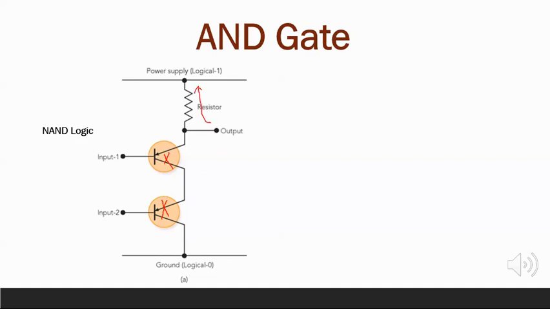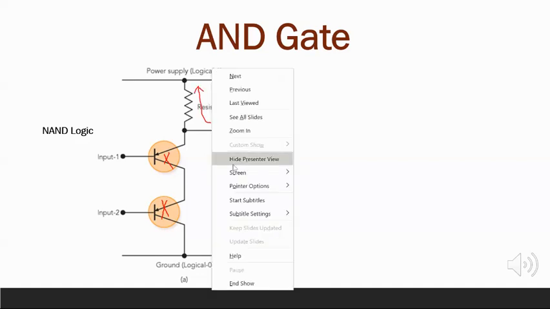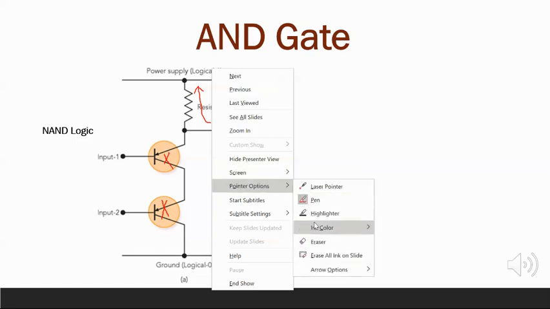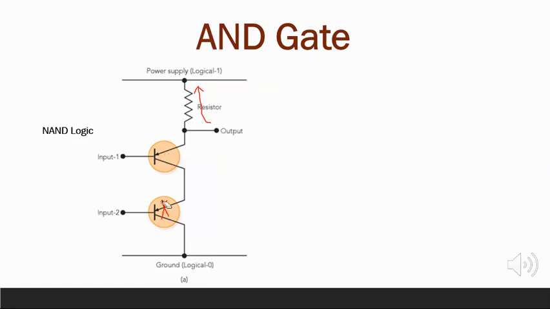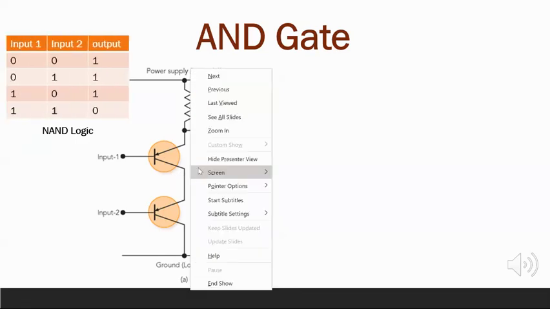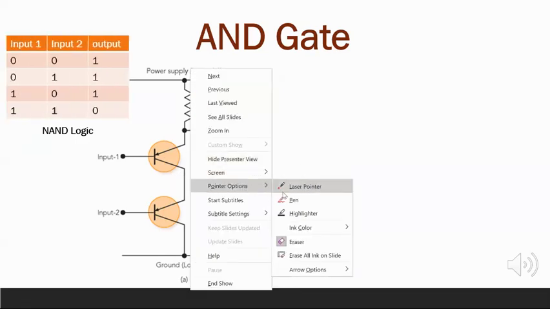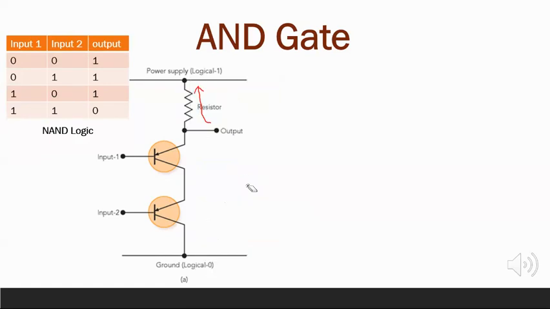When input 1 is at a low level, input 2 at a high level, the upper transistor is blocking, though the lower transistor is conducting. The output is still kept at a high level.